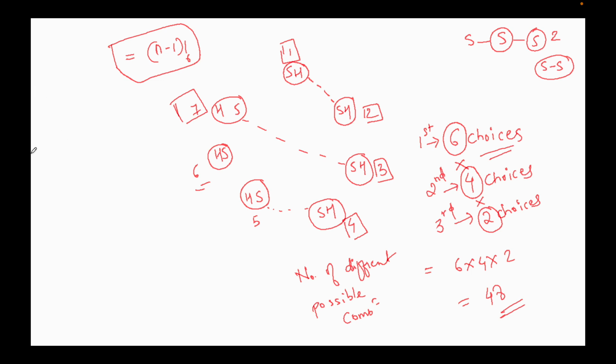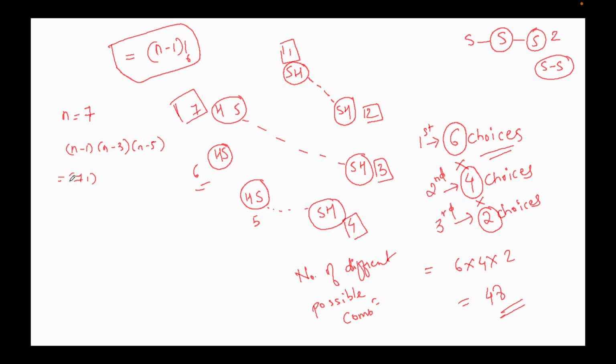We'll take this example only. If n is equal to 7, which we solved here, I'll use n minus 1, n minus 3, n minus 5. I'll use the factorial till I get the value to be 1.